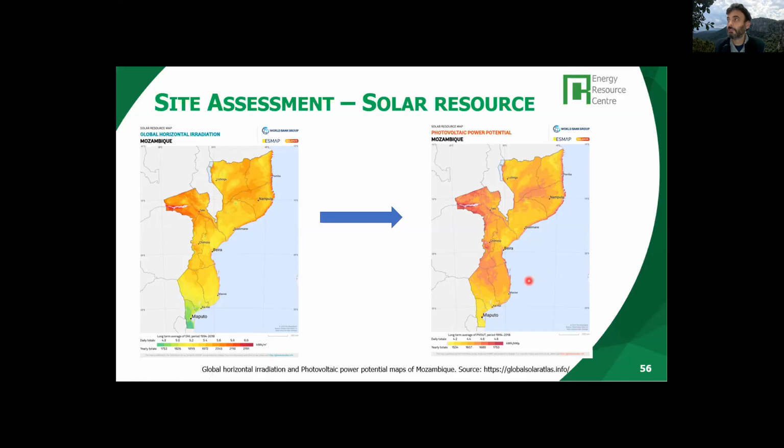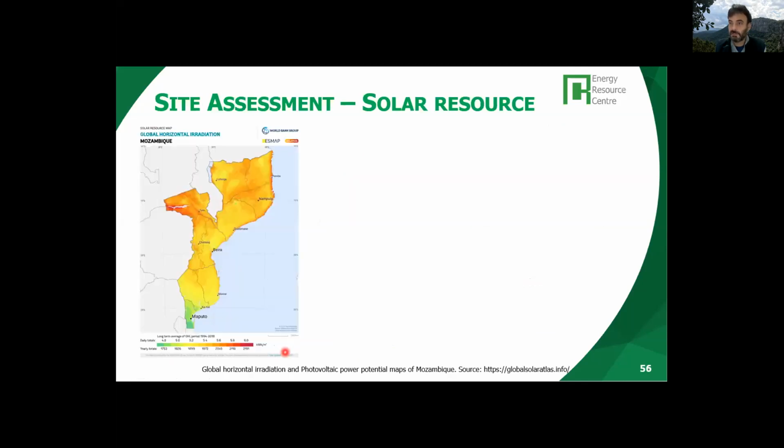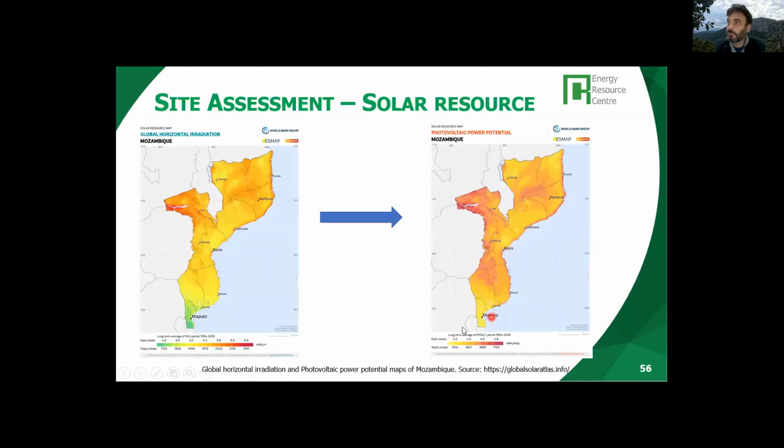Remember the references we are saying: for grid connected systems, being very optimistic, I wouldn't recommend more than 85%. Well, this map, depending on the precision we can use, could be giving us a performance ratio implicitly, which is higher than what I would be recommending.